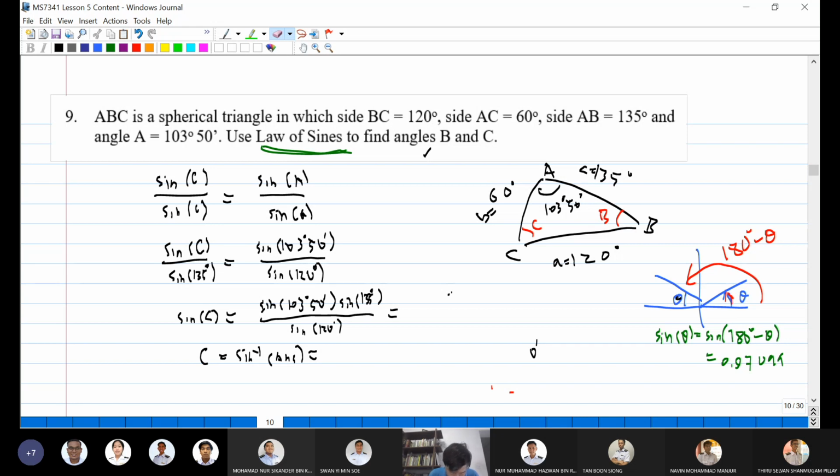(103 degrees 15 minutes here). Times sine 135 divided by sine 120.